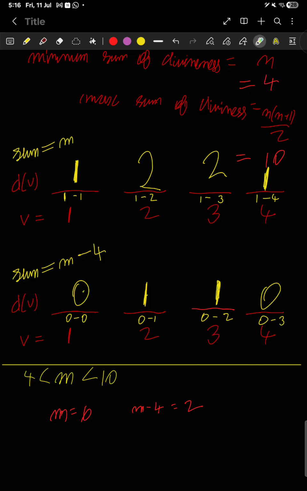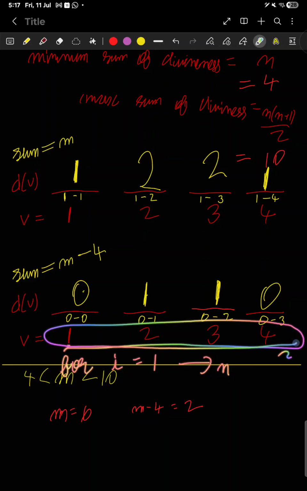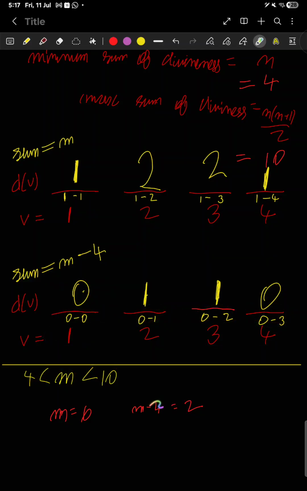So now let's first see how you would implement this part in the code. So you will iterate from I equals 1 to n, which are these nodes. So you will iterate over these nodes and fill the maximum value in this range that is possible. For example, you are iterating from I equals 1 to n.